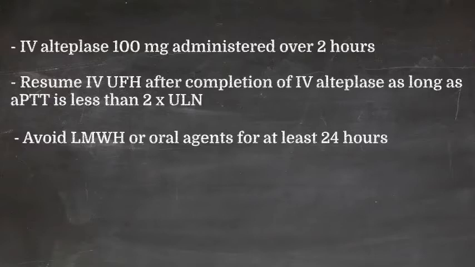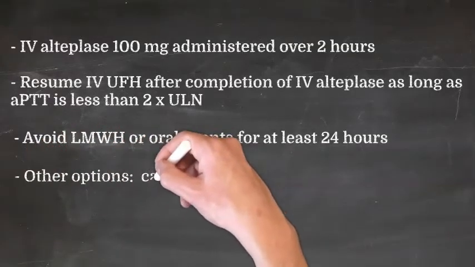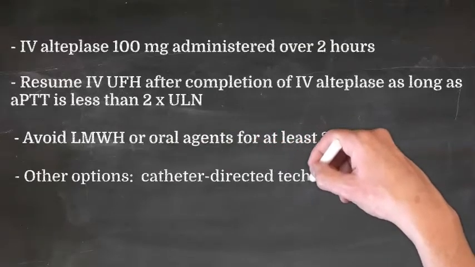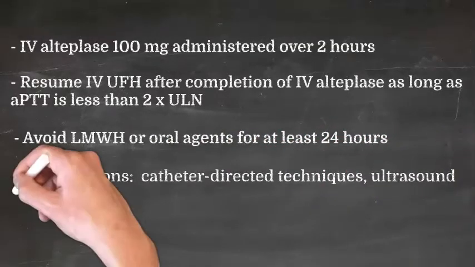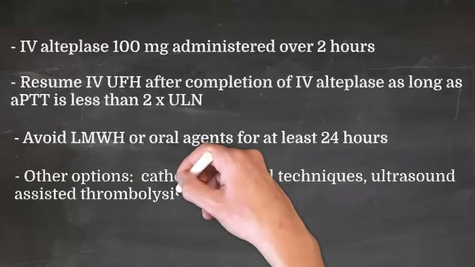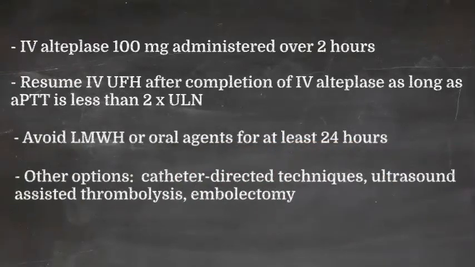If they are kept on IV unfractionated heparin and they were to bleed, we can stop it pretty quickly, its effects will be gone pretty quickly, and you can do your other measures to then control the bleeding. There are some other options as well, such as catheter-directed techniques, ultrasound-assisted thrombolysis, and embolectomy, but usually those require specialists who have studied and have experience in that area.